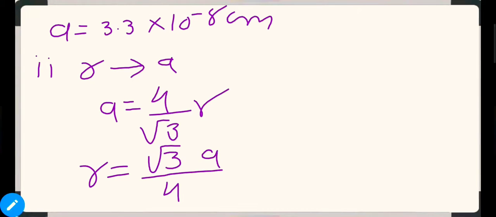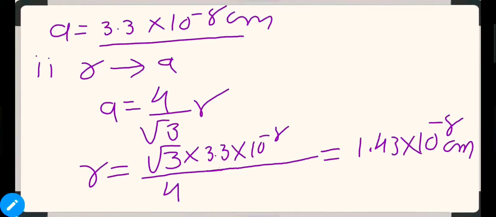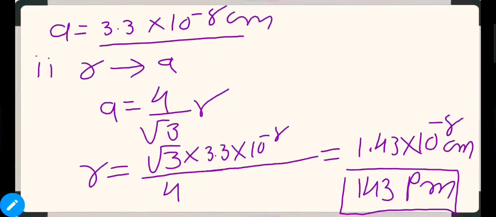Now the value of a is 3.3 into 10 raised to minus 8. By putting the value of a in the equation, our value of r will be 1.43 into 10 raised to minus 8 centimeters, or 143 pm. So this will be the radius of niobium atoms.